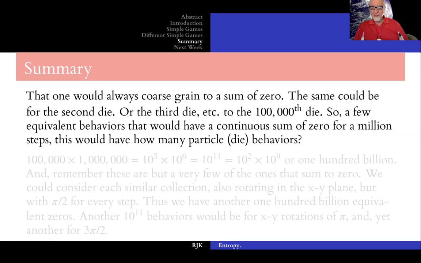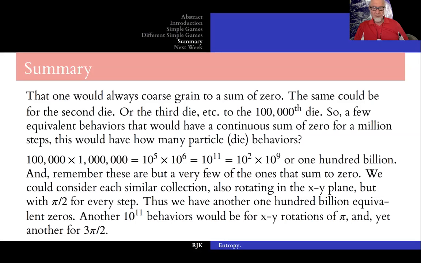So if they were all at 0, the million steps would always have been 0. However, how many particle behaviors would that have taken? Well, you have 100,000 die and a million tries, or about 100 billion of those.